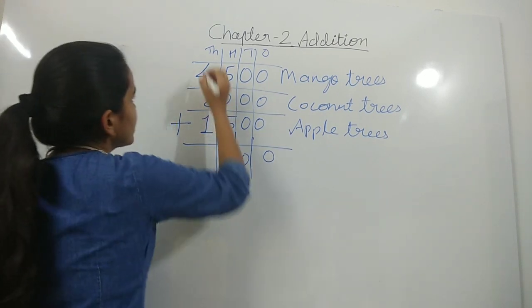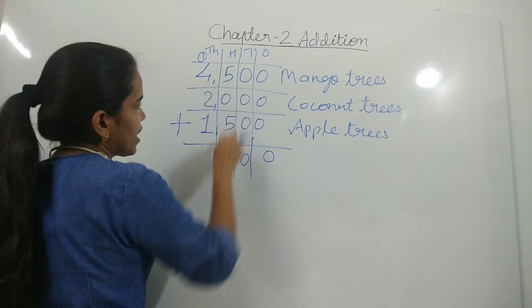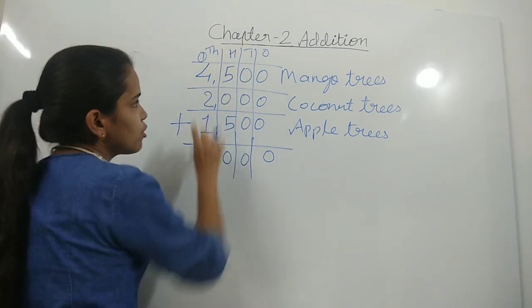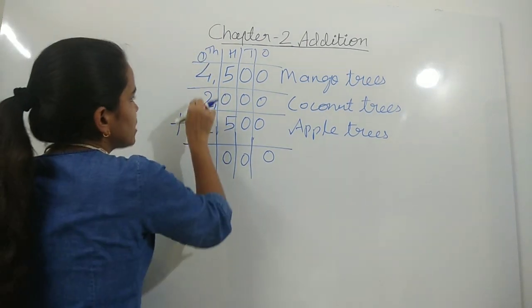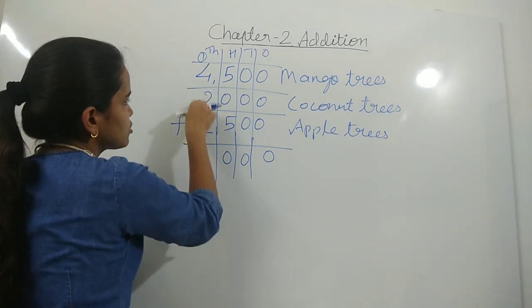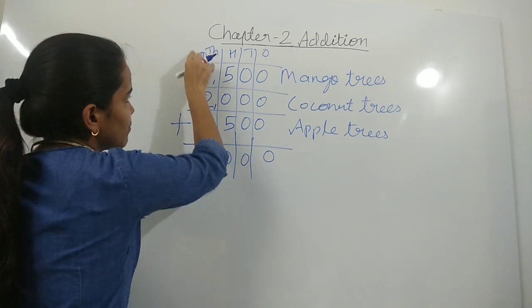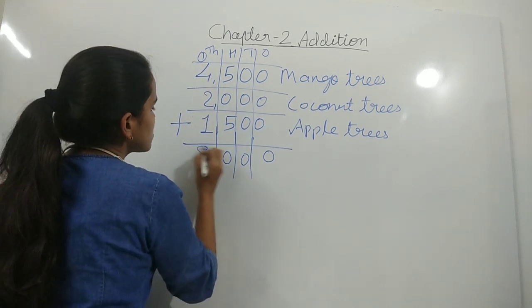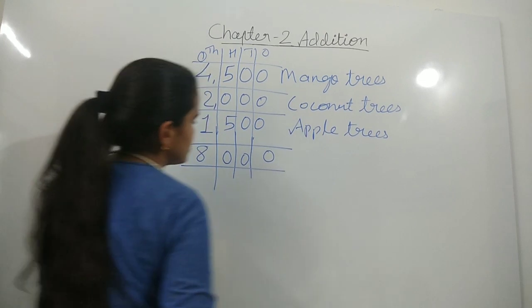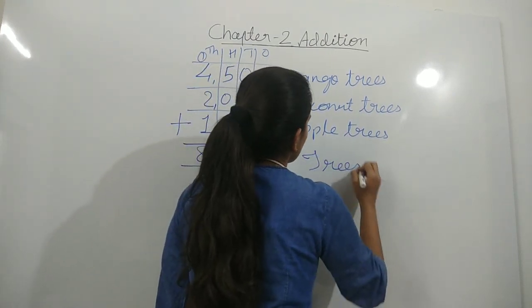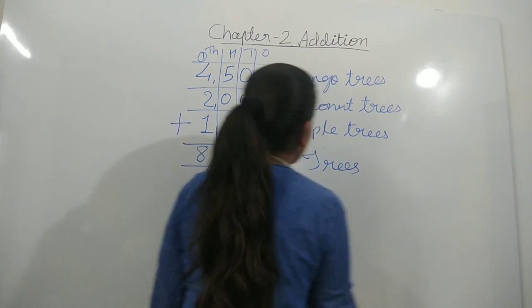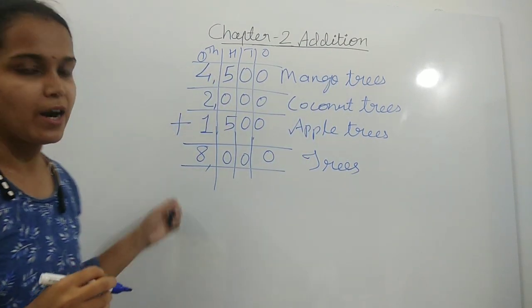So 0, carry 1, because 10 hundreds make 1000. So this 1 will be carried here. Then 4 plus 2 plus 1: 4 plus 2 is 6, plus 1 is 7, plus 1 is 8. Okay. So our answer is 8,000 trees. Total 8,000 trees were there in the garden.